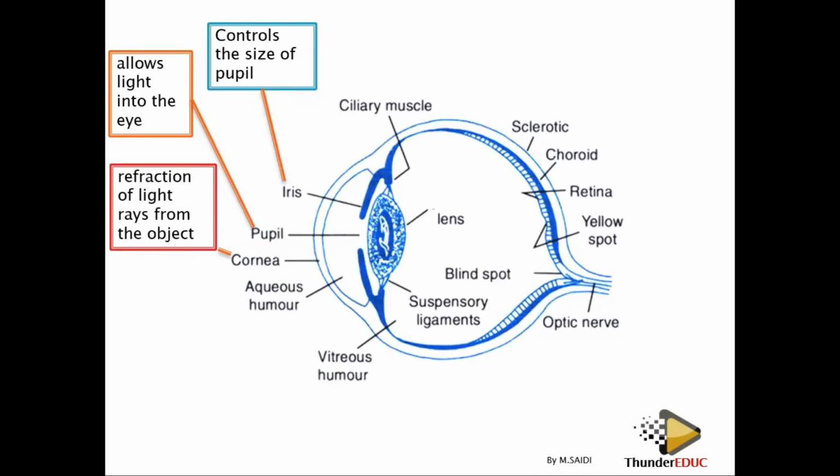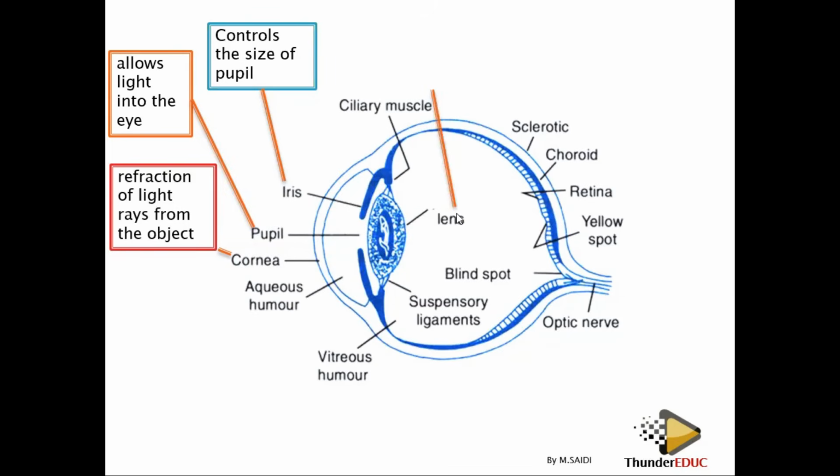So what causes that? It means that when the iris pulls away from each other, the size of the pupil becomes big. Then when they come next to each other, the size of the pupil reduces. So when the pupil size increases, more light will enter the eye.